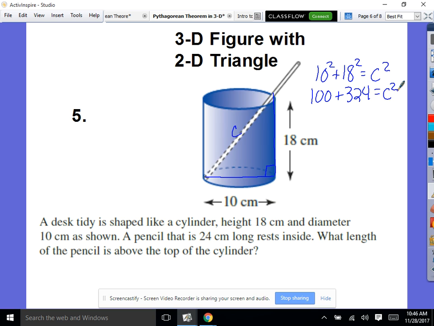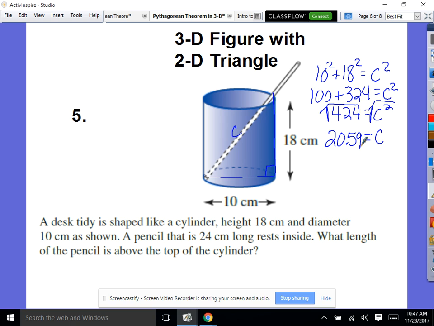And that added together equals C squared. So 424 equals C squared. We take the square root so that we can find out what C is. And the square root of 424 is 20.59.